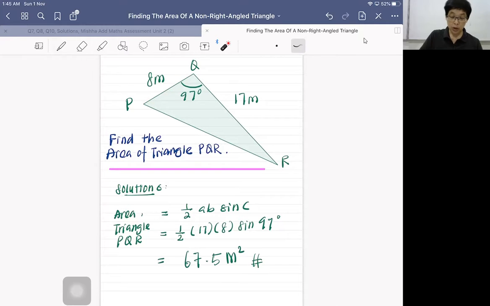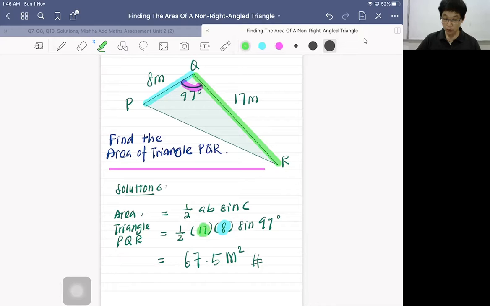So we know that this could be the A, and this could be the B, and then with the angle that they sandwich, you put that into your formula, substituting accordingly. That's how you get it.